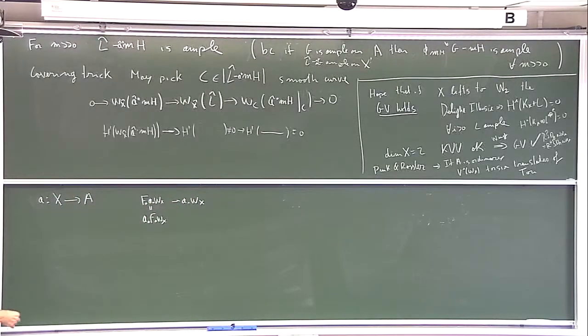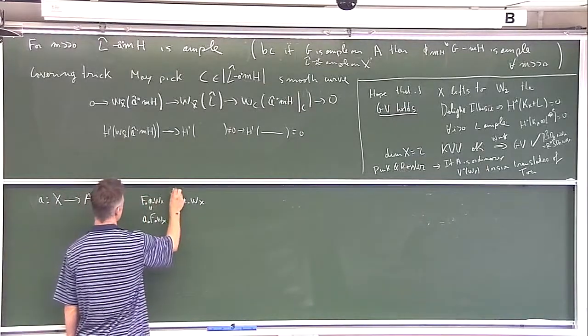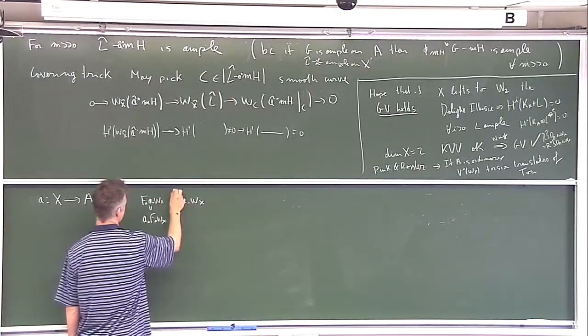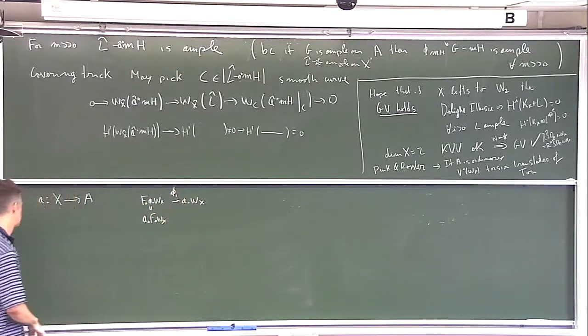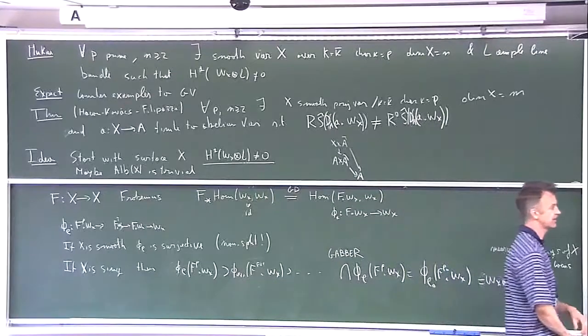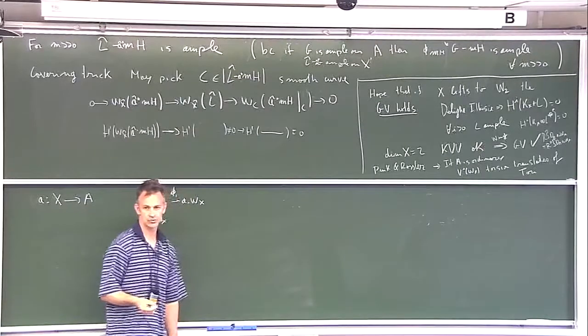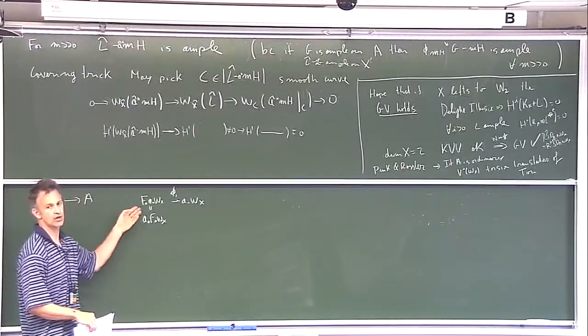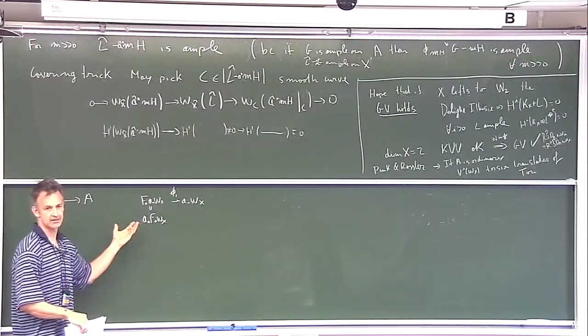Let me call this map phi_1 again. So Gabber's theorem does not just apply to the canonical divisor. It also applies to objects like this. In general, it applies to any Cartier module. So this is an example of a Cartier module, and Gabber's theorem applies to any Cartier module.